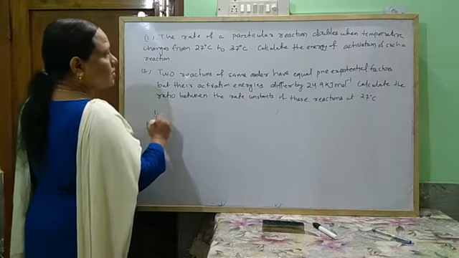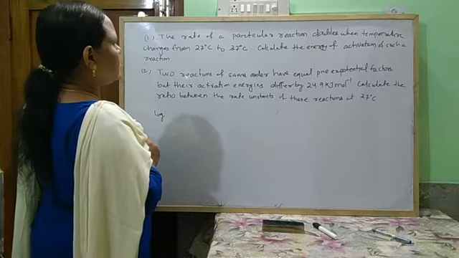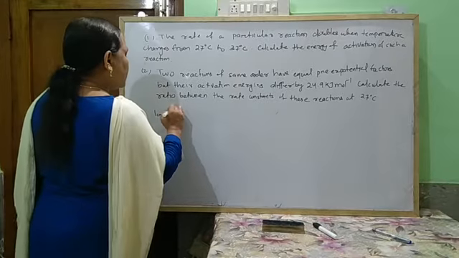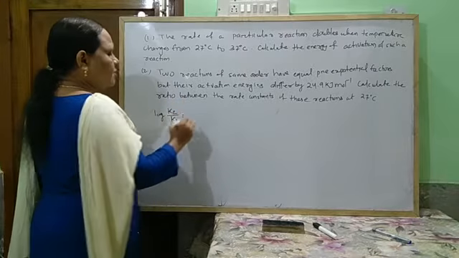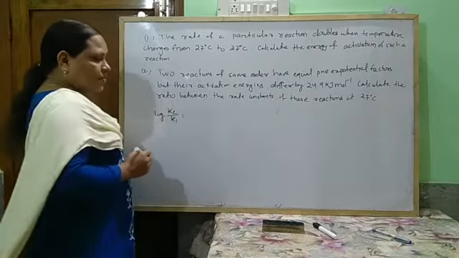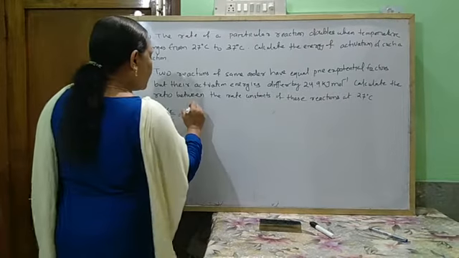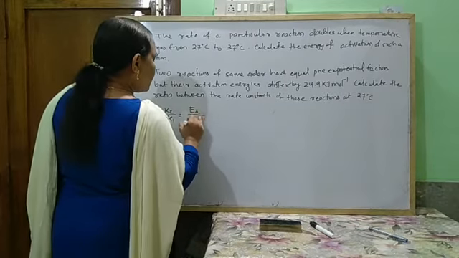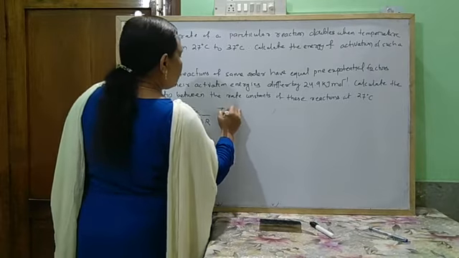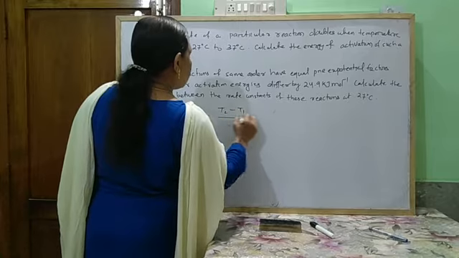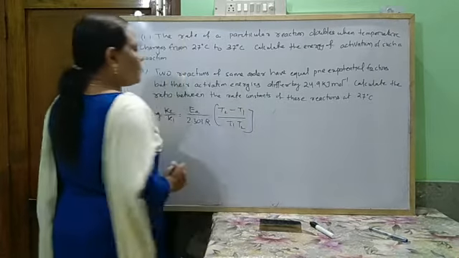Suppose temperature changes, so log k2 by k1. What is the formula? Log k2 by k1 equal to Ea by 2.303 R into T2 minus T1 by T1 into T2.